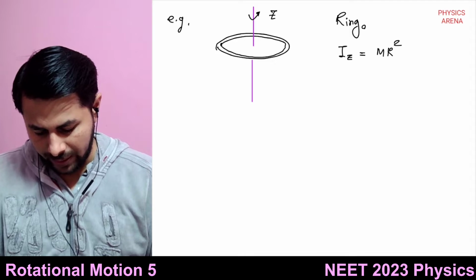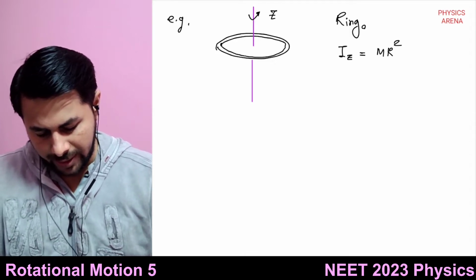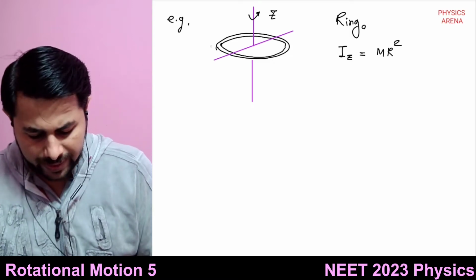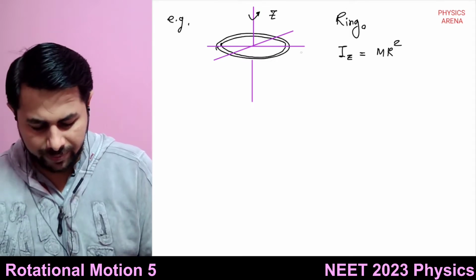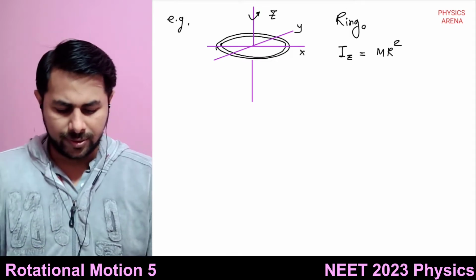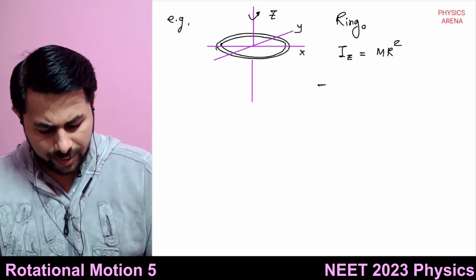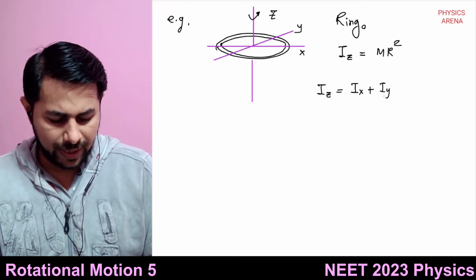Now I want to find out its moment of inertia about a diametric axis. So I can consider two diametric axes like this, we can call them x and y. So by the perpendicular axis theorem, what can we say? Iz is equal to Ix plus Iy.